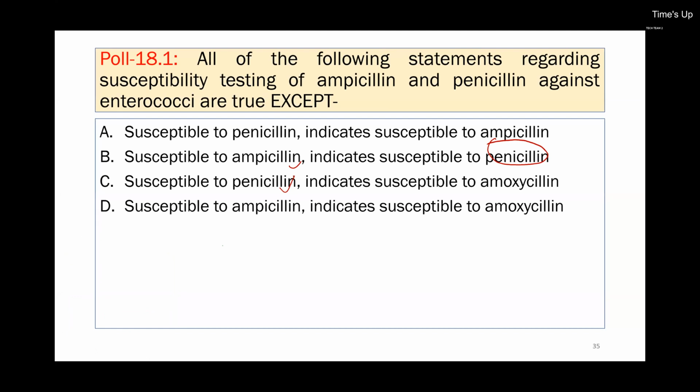So the answer is that susceptibility testing to ampicillin doesn't indicate the susceptibility of penicillin. The question was except.